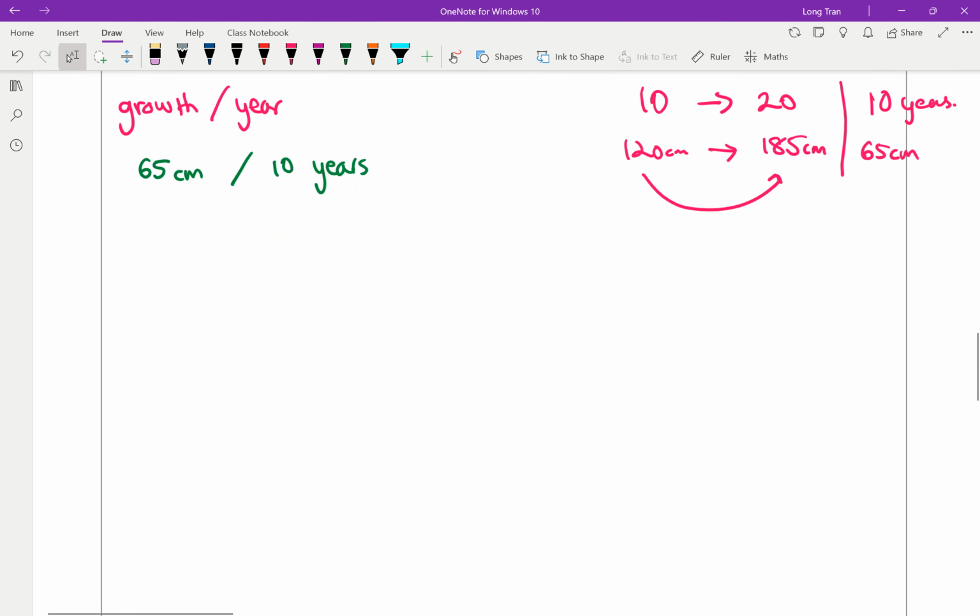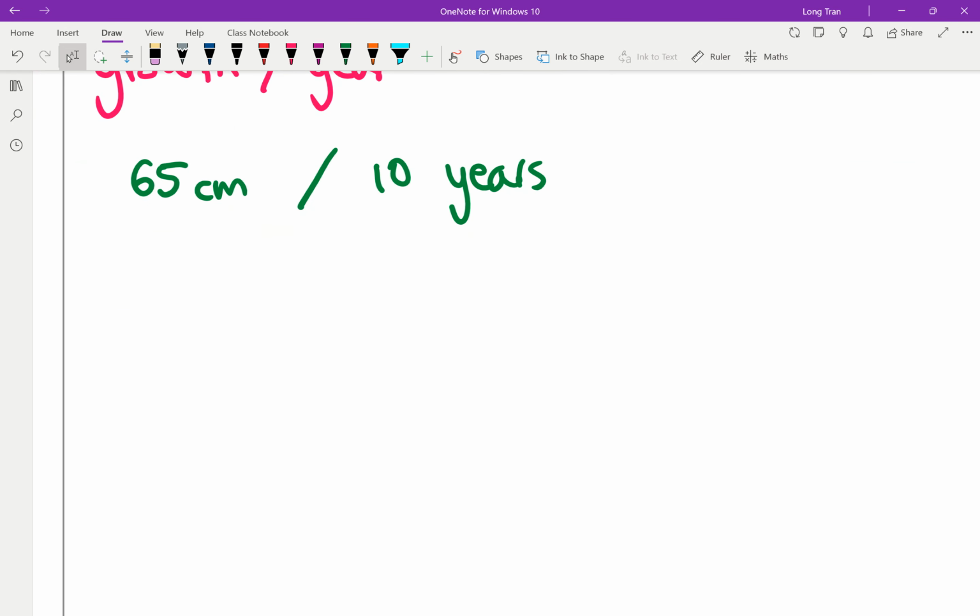Once you can do that and you're up to this point, this is pretty much similar to what we just did at the beginning. It would be then 65 to 10. And if I want to know what it is for 1, well, we can see that if I divide this by 10, and if I divide this, and you don't have to find a highest common factor, actually. Your aim is to get that 1.